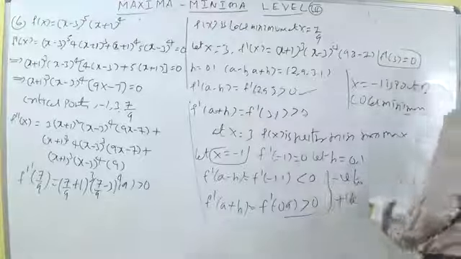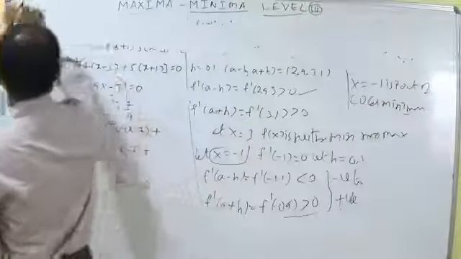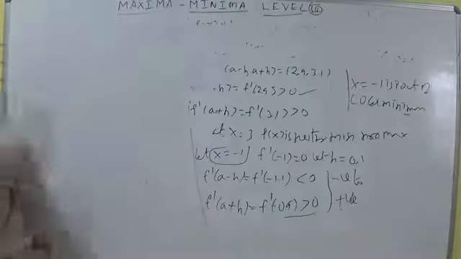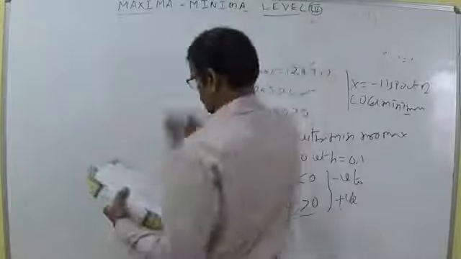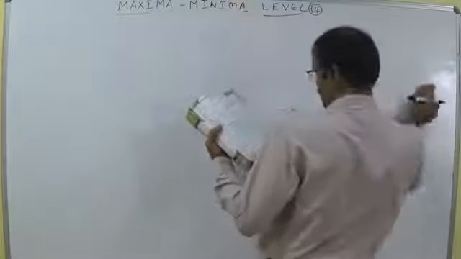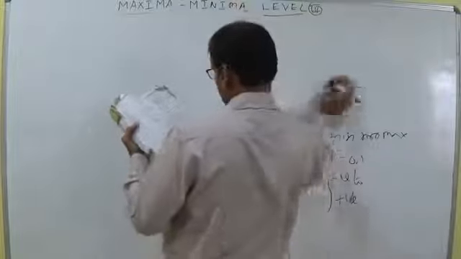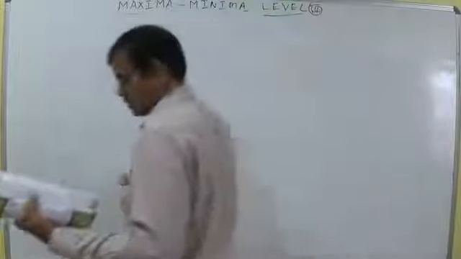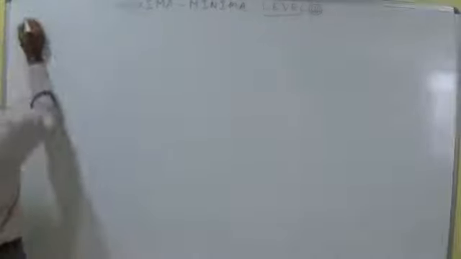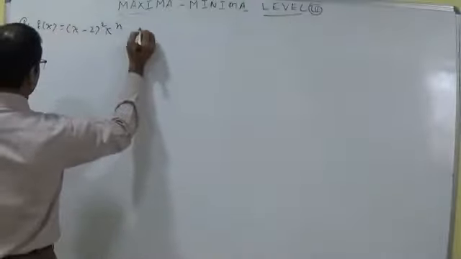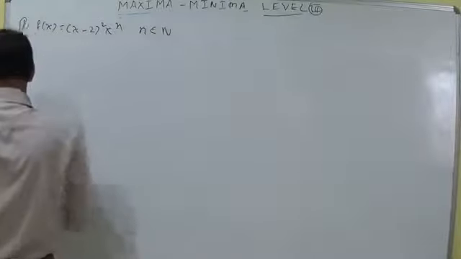Let us discuss in the similar way the 8th question. f of x is equal to x minus 2 whole square into x power n is given, x minus 2 whole square times x power n, n belongs to natural number is given. 8th one.